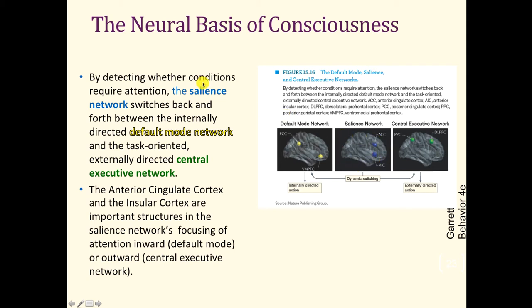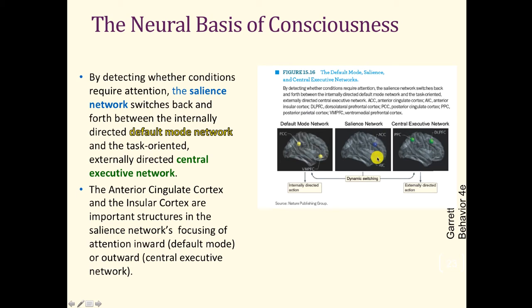This area switches back and forth. It's sort of in charge of switching between the internally directed default mode network, shown here on the left brain scan in yellow, and the task-oriented, externally directed central executive network, shown here in green on the brain scan on the right.